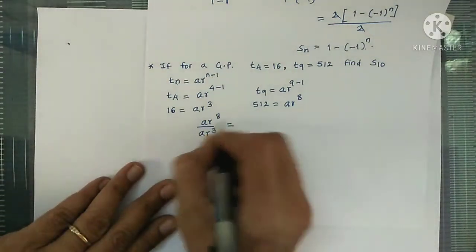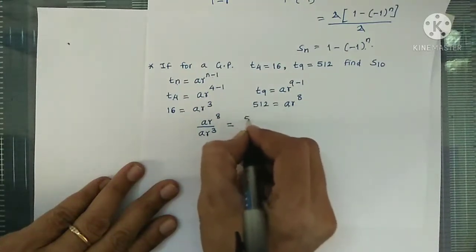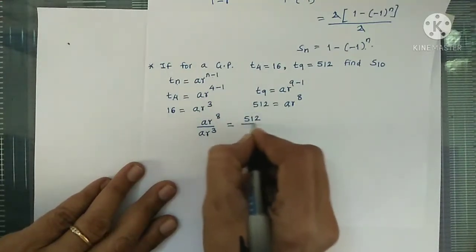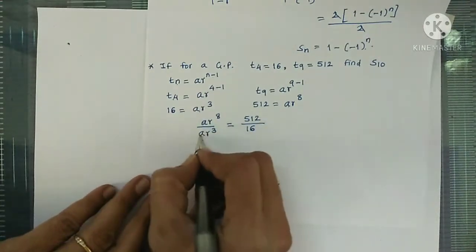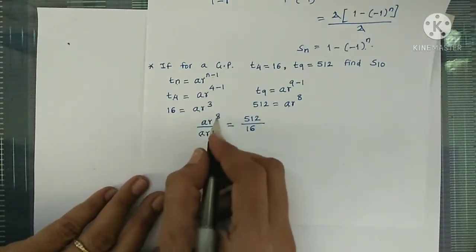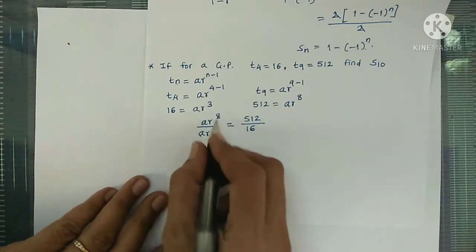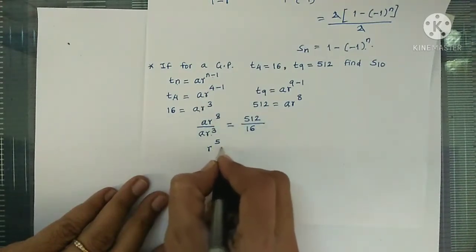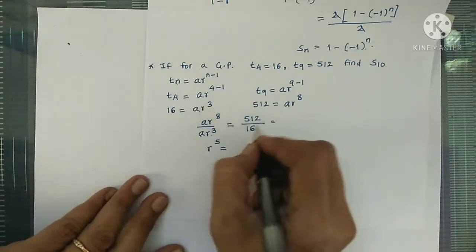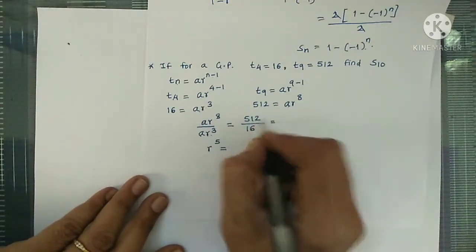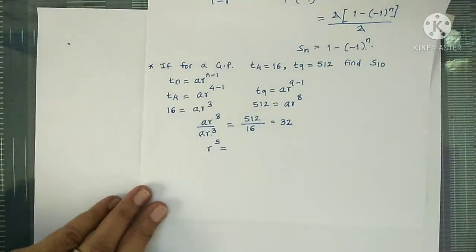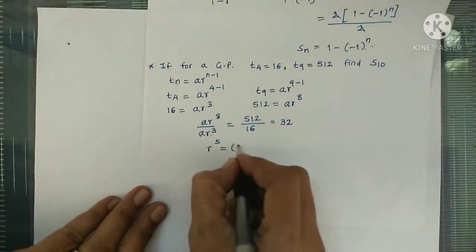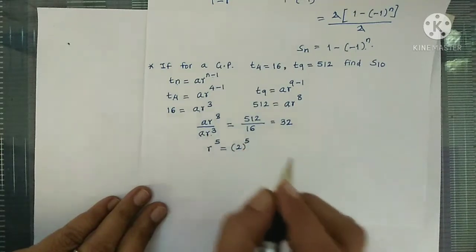So A r raised to 8 value is 512 divided by A r cube is 16. So A gets cancelled. r raised to 8 upon r raised to 3 becomes r raised to 8 minus 3, that is r raised to 5. Now 16 threes are 48, 16 twos are 32. So this becomes 32, and 32 is 2 to the power of 5.